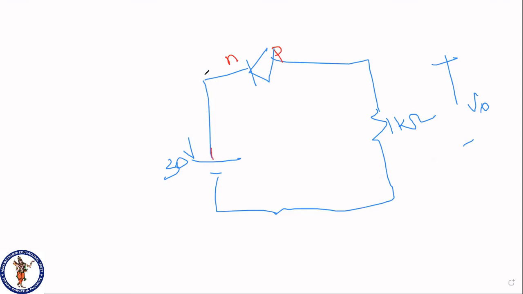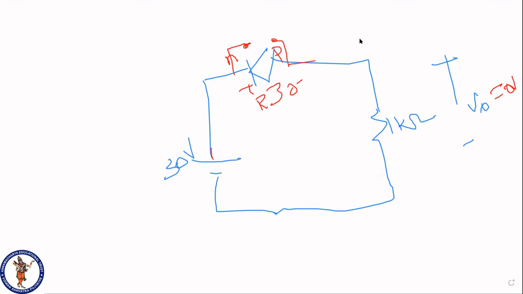The positive 30 volts is applied to the N type, which means it is in reverse bias condition, and nowhere in the question have they mentioned the metals used or reverse bias resistance and all. So we will assume it to be ideal, and we can replace it with an open circuit. Under open circuit, the 30 volts will drop across the diode only, and the voltage drop across the 1 kilo ohm resistor is 0 volts.